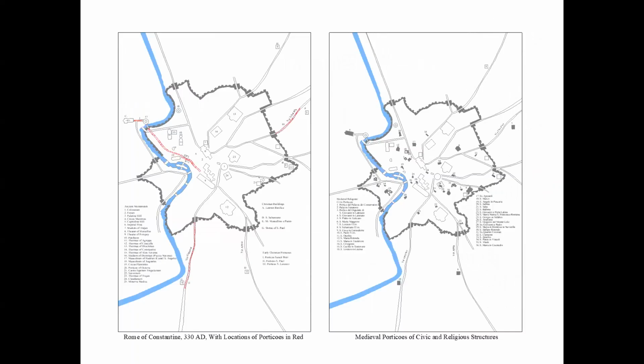And then how these historically charged networks, the ancient ones, were taken over during the time of Constantine, so we have porticos that are linking extramural basilicas to the city center, and they're charged with meaning and quite significant.